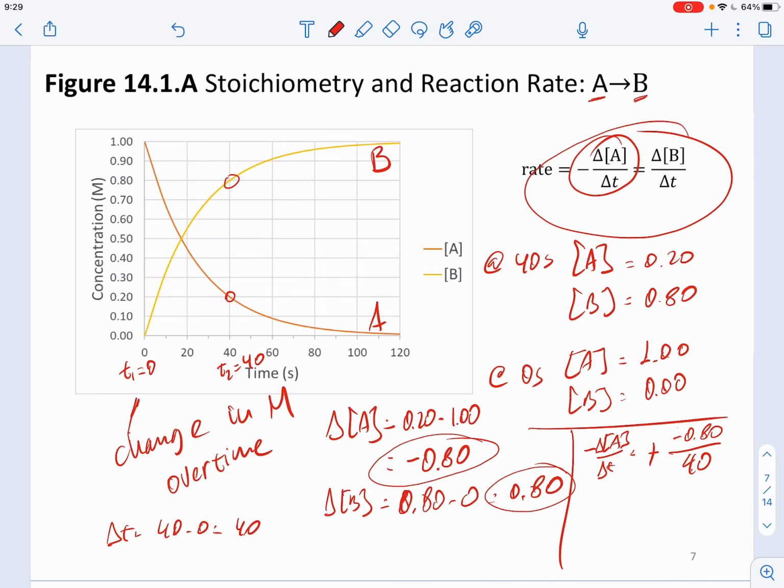So these negative signs cancel, and this is approximately 0.020 molar per second.